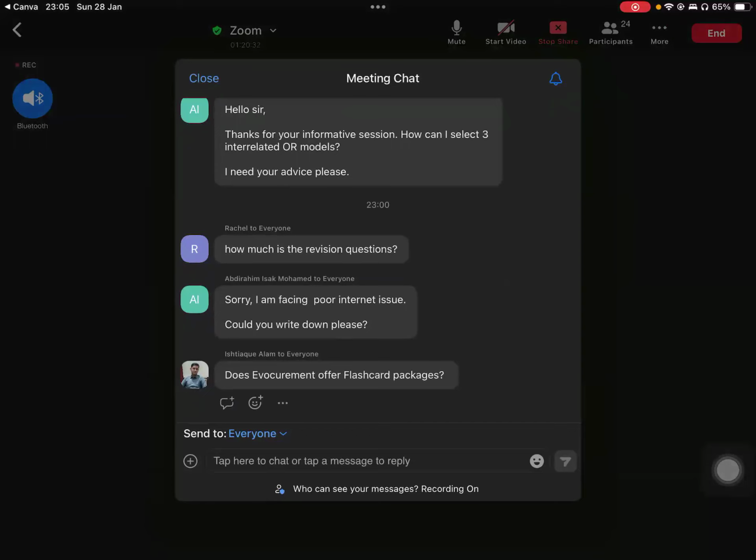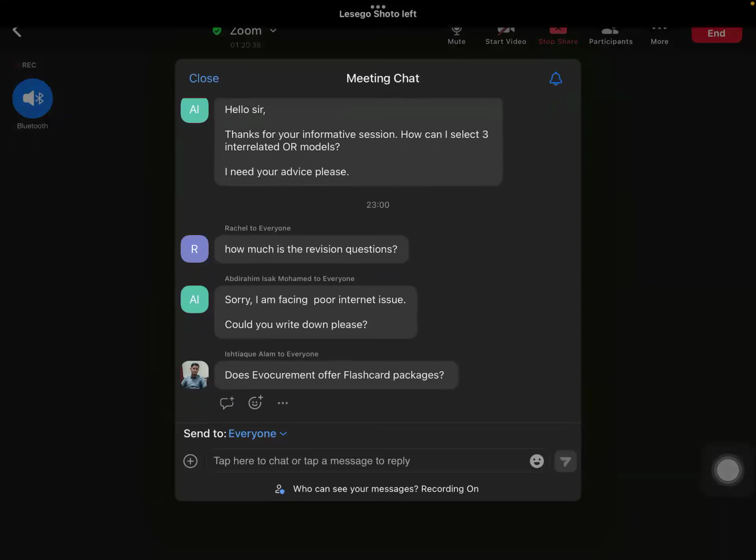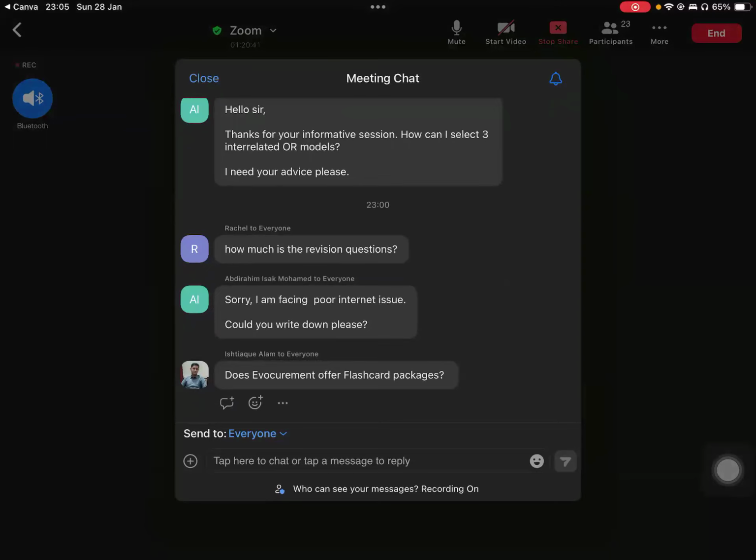Istiak Alan, does e-procurement offer flashcard packages? Actually, currently we don't, but we may consider that option later. We have the revision class, and I think we will develop a flashcard option for our students and not publish it.